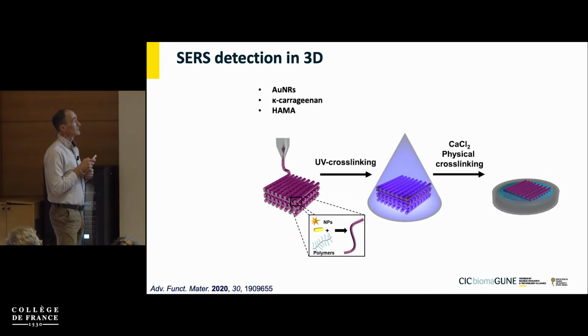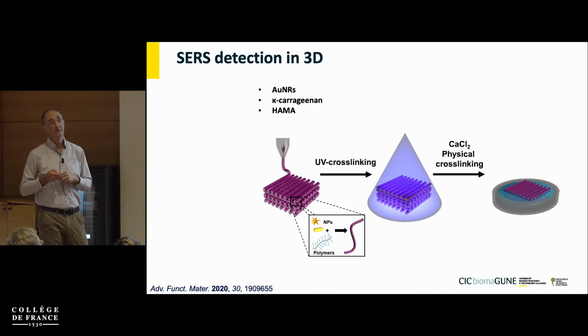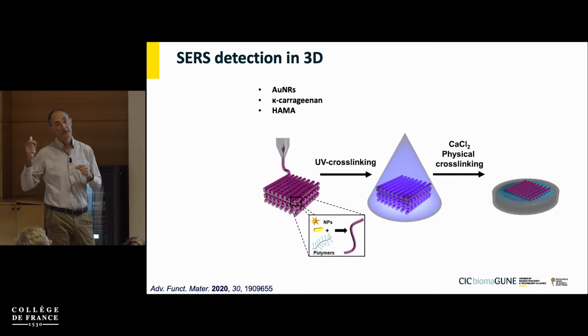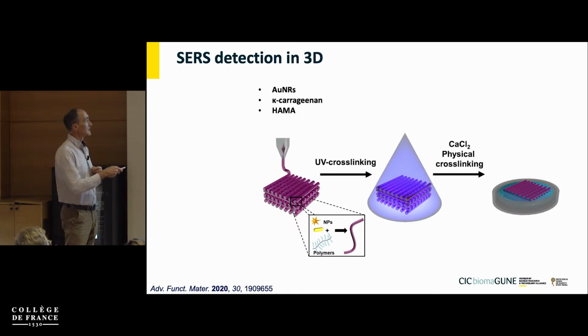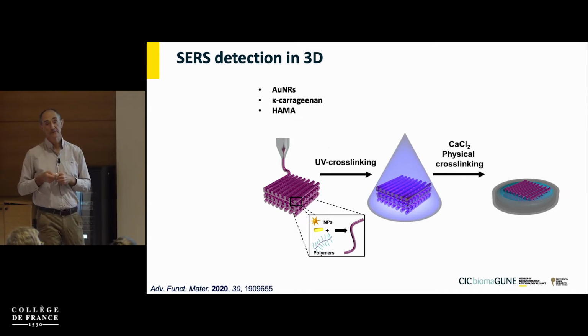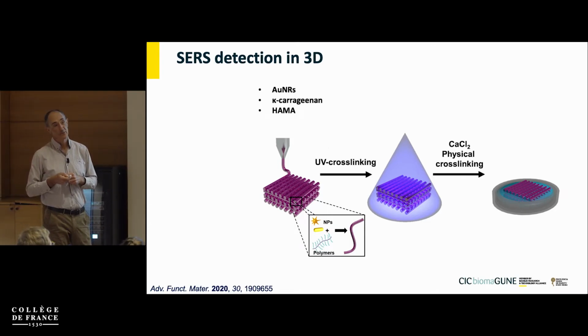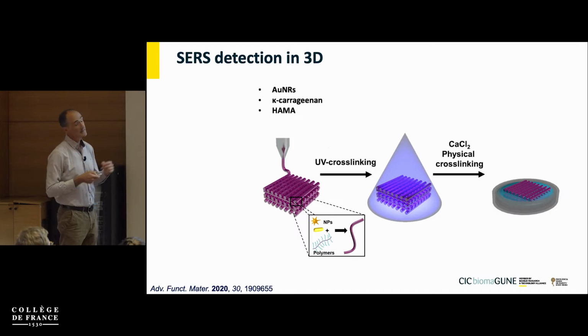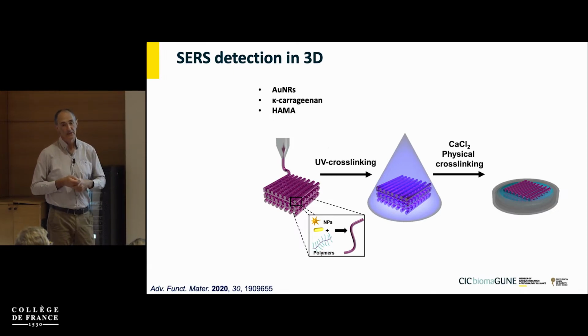Anyway, another important point is that the nanorods at the end have to be available to the molecules that come from the solution around, so that they will bind to the rods and we can do the sensing. And so these hydrogels that we are printing have to be porous enough so that at least the small molecules can diffuse through. And this again leads to a new series of optimization there.